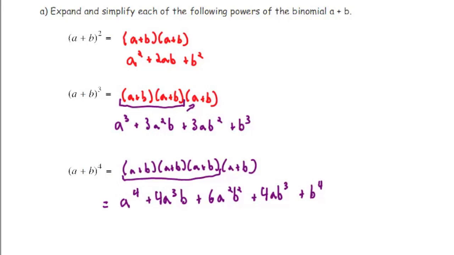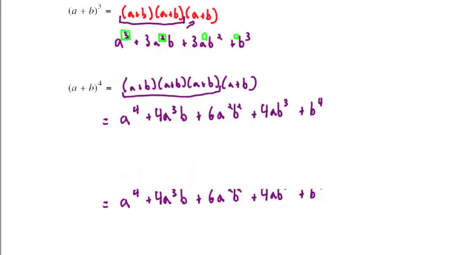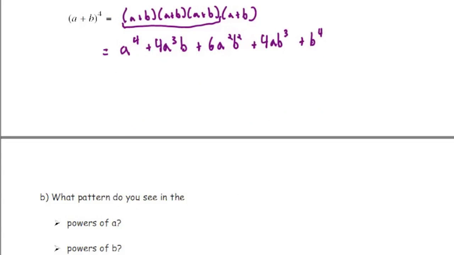But the next question asks you on the other page, what patterns do you see in the powers of a? Well, let's take a look. We have a cubed to start, and then we go down to a squared, and then we go down to a to the power of 1, and then we go down to nothing. So what's happening to our powers of a?